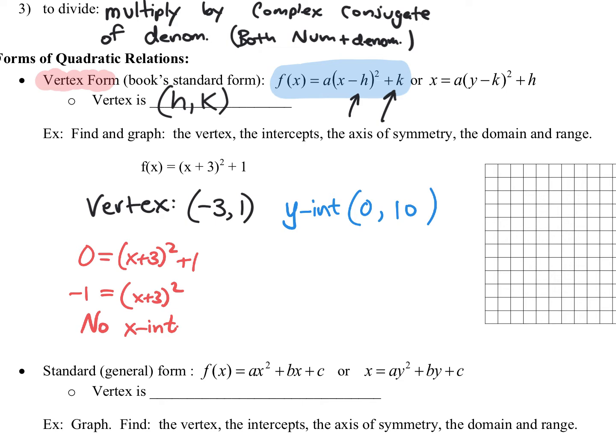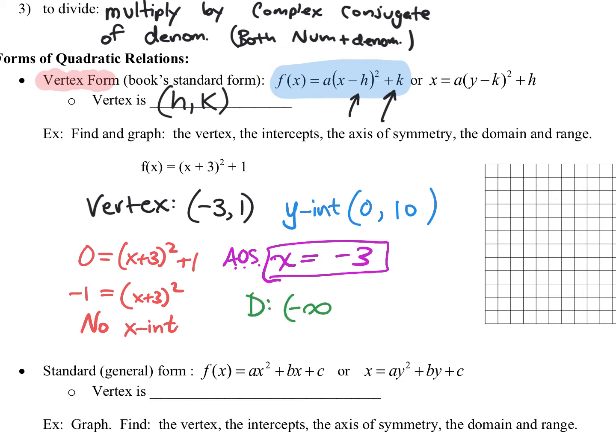The axis of symmetry is the line that cuts this graph in half. It goes through the vertex, and it is an x equals statement. So our axis of symmetry here, sorry, let me write that out. Axis of symmetry is x equals -3. The domain for any quadratic will be infinite.